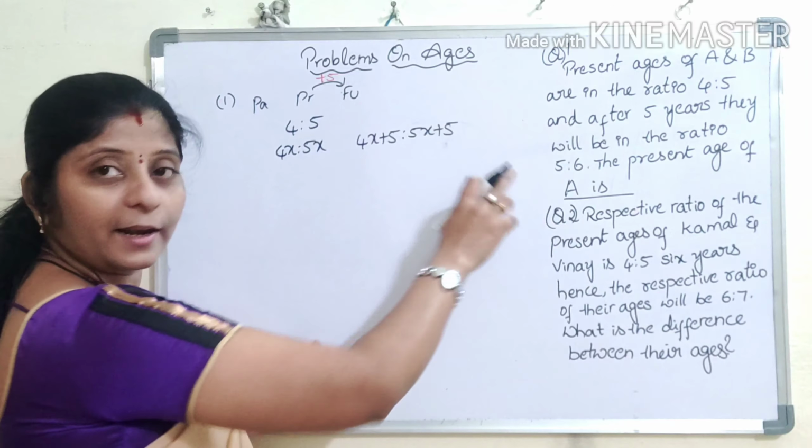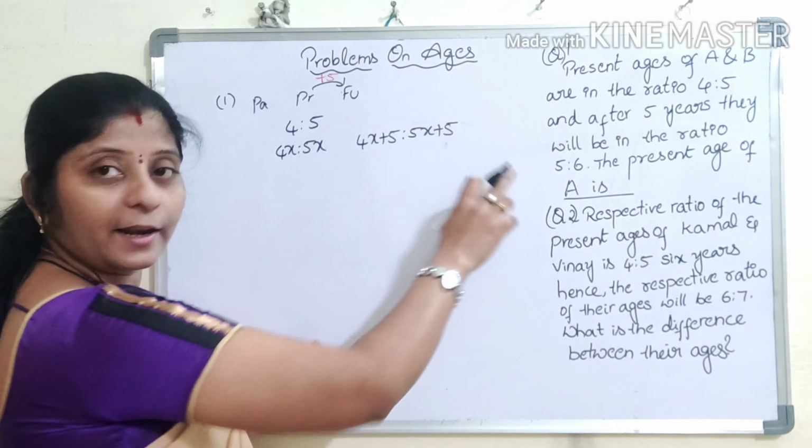By cross multiply, 28x plus 42 equals 30x plus 36. By taking terms, 2x equals 6. So x will be 3 years.